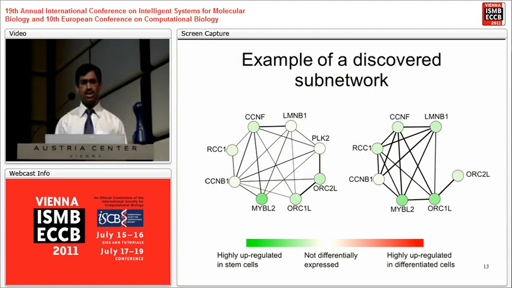So in general, we discover subnetworks where we know that there are a few genes which are interesting for whatever context you are interested in, and there are other genes which we don't know about, and we can develop hypotheses to do experiments on. That is the power of this approach.